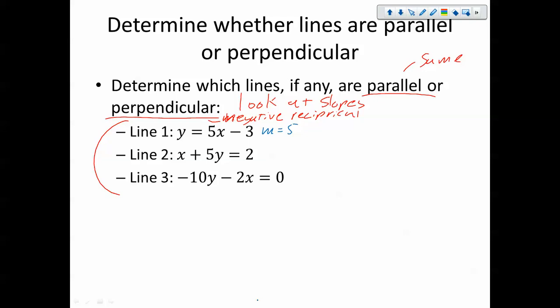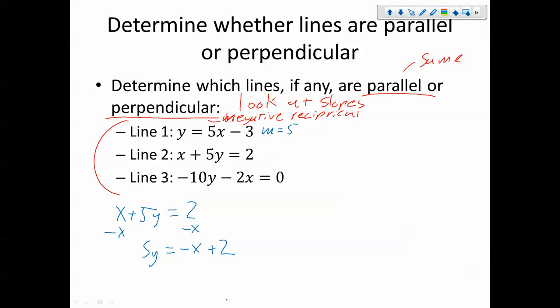Okay. Line 2, x + 5y = 2. I don't see a slope in there right away. I want to convert this to slope-intercept form. I'm going to do a little bit of work down here so I can figure that out. Because I don't have a slope in standard form, I'm going to convert it to slope-intercept. So the first thing I'm going to do is subtract x from both sides.